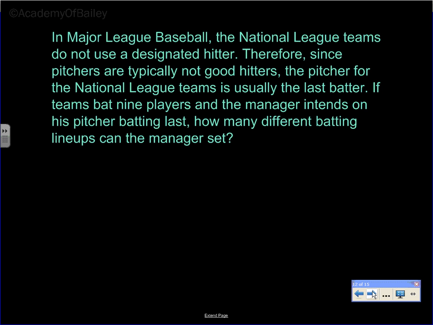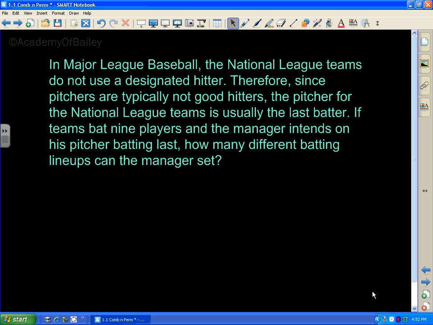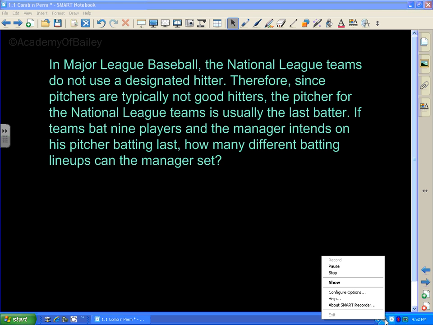So if we think about this, how many guys are batting? There are going to be 9 players batting, and the last one batting will be the pitcher.